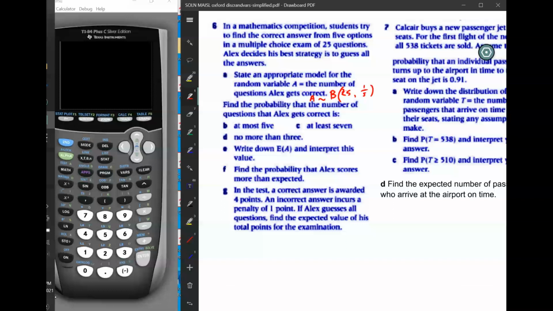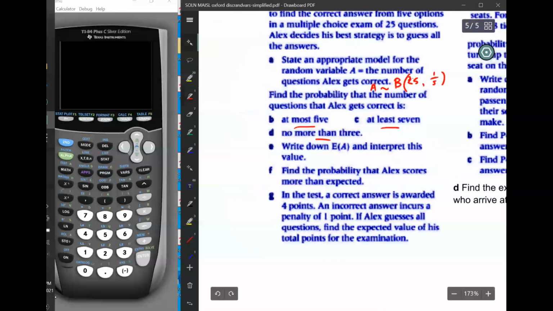Find the probability that the number of questions that Alex gets correct is at most 5, at least 7, no more than 3. So these are all questions where all you need to do is frame it in the right format so that you can use binomial PDF or binomial CDF to answer them.